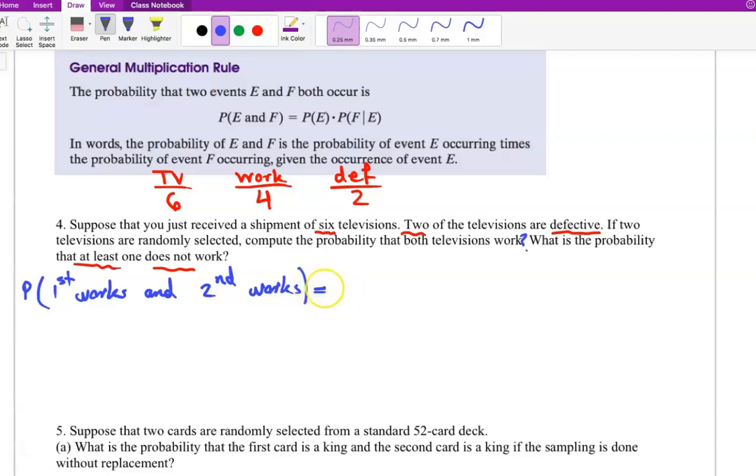So that is equal to the probability that the first one works, multiplied by the probability that the second one works if the first one works.